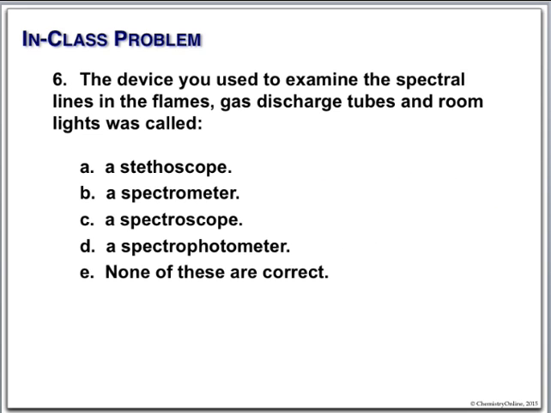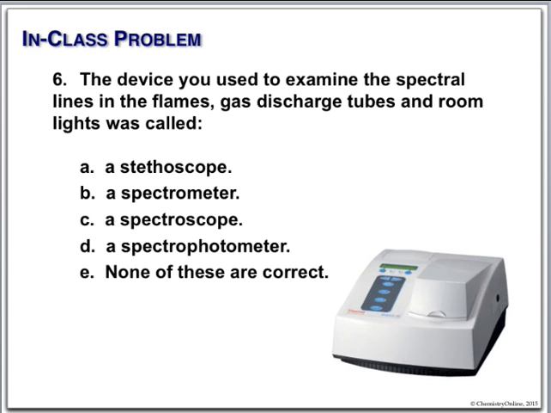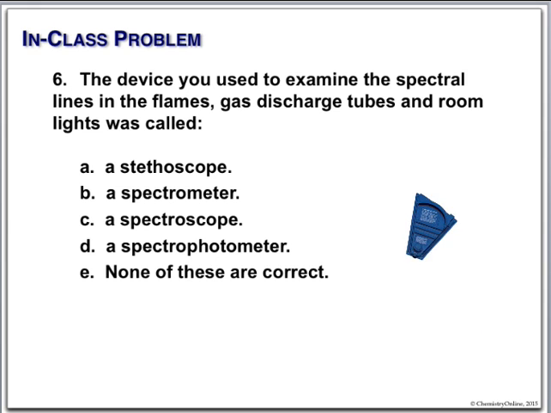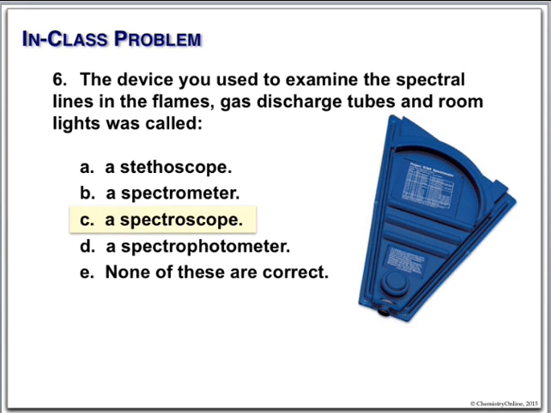Was it a spectrophotometer? That's even fancier. They never let you use that either. No, this was a spectroscope. Little blue thing, look in here, shine that at the light, and you see your diffraction grating up here. Any questions?